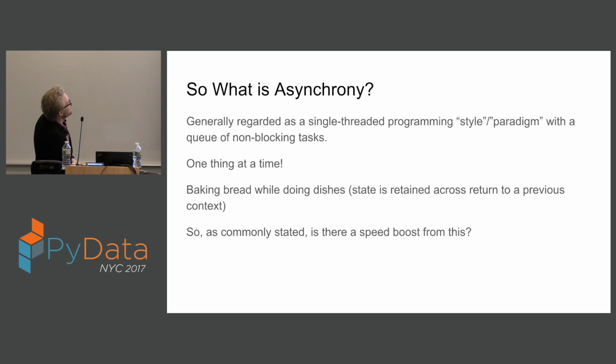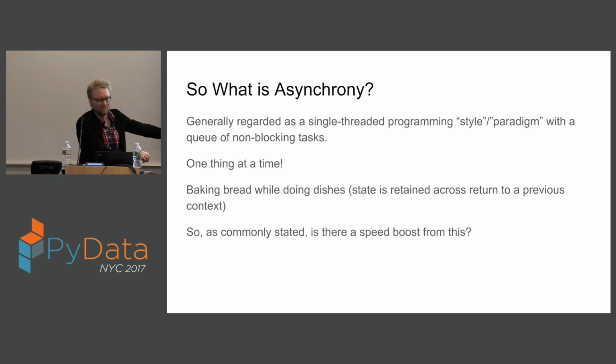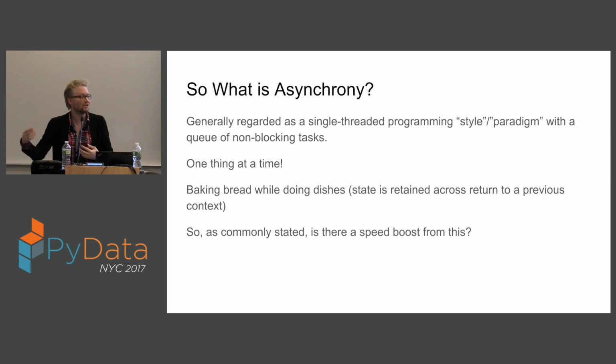I give this example of baking bread while doing dishes. So I have two hands. I need the hands to perform baking tasks or to perform dishwashing. I personally would be very impressed if you were able to wash a dish with one hand and bake bread with the other. Let's assume that's impossible. But please prove me wrong.